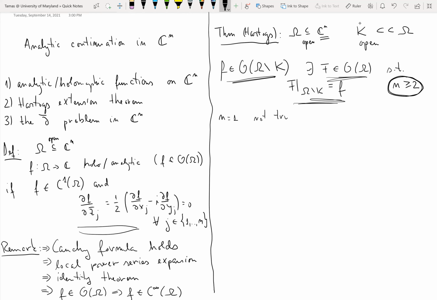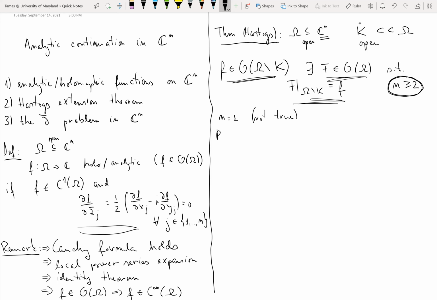Not true due to the fact that we have this Riemann extension theorem that gives you a case study of what type of isolated singularities you might have, right? So in case K is a single point, then you know from one variable holomorphic calculus that the singularity might be a pole, might be essential, or might be removable. Here, in dimension greater than 1, we learned that every isolated singularity is removable.